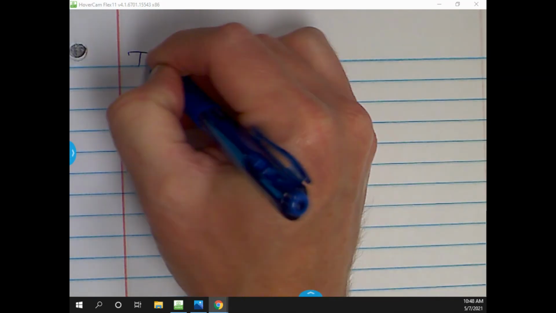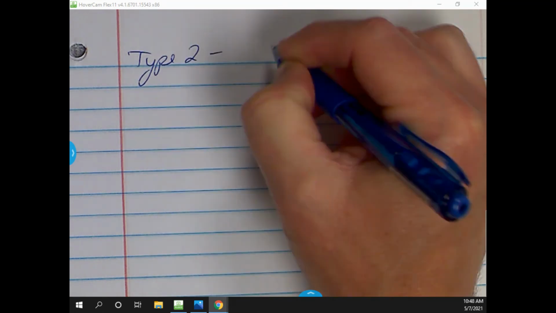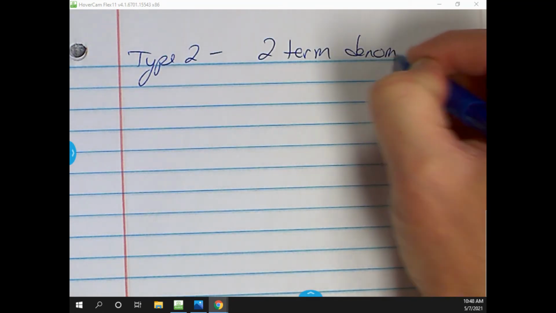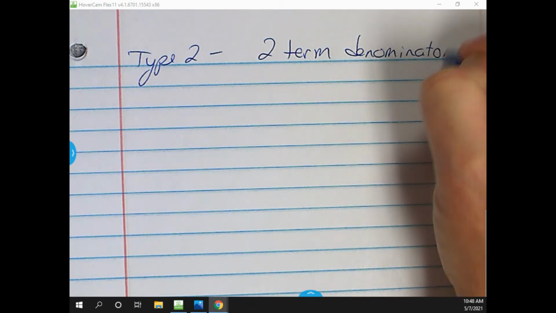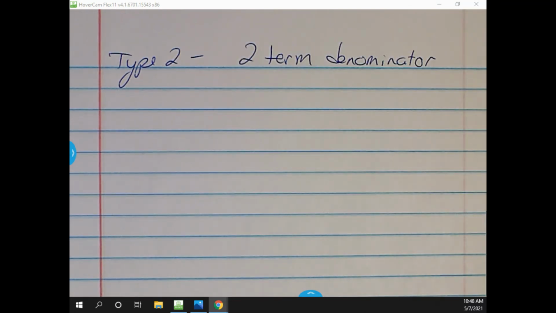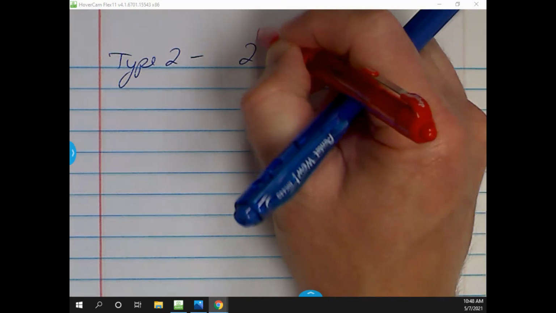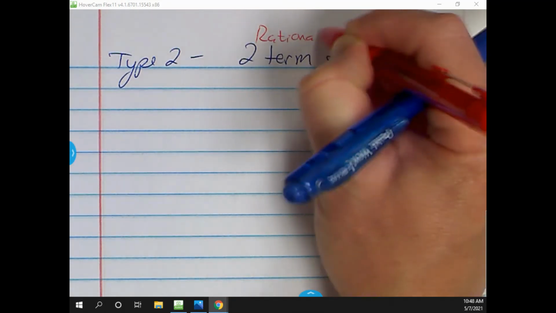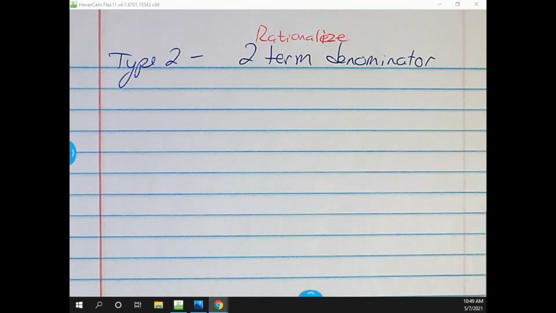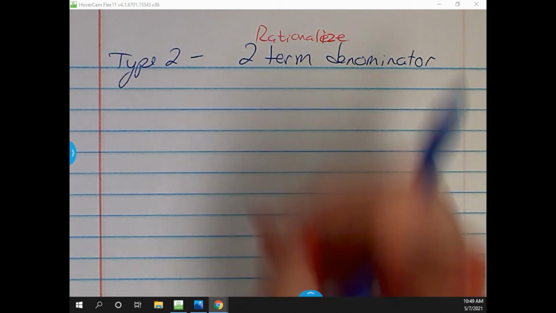Okay, second type, type 2. This is a 2-term denominator. And the trick on this one is, and actually it's kind of good in a way, because there's really not anything new in this one, because when it tells you to rationalize a 2-term denominator, you're really just going to multiply.